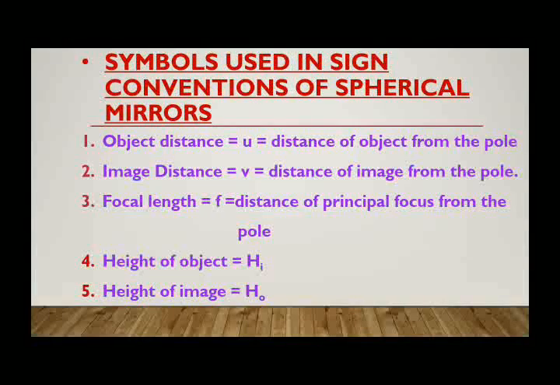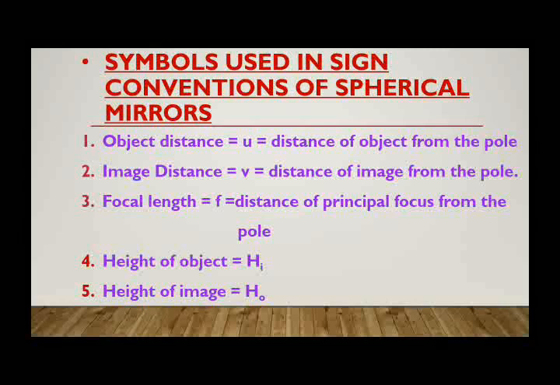Let us see what are the symbols that will be used in the sign conventions of spherical mirrors. So, first symbol is small u or object distance. It is the distance of object from the pole. Second symbol is small v, that is image distance. It is the distance of image from the pole.